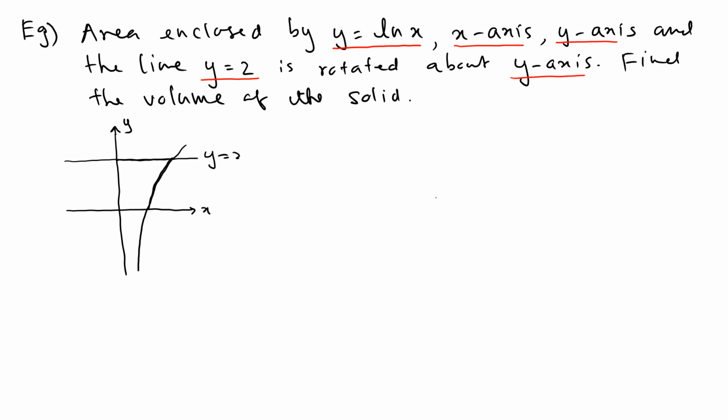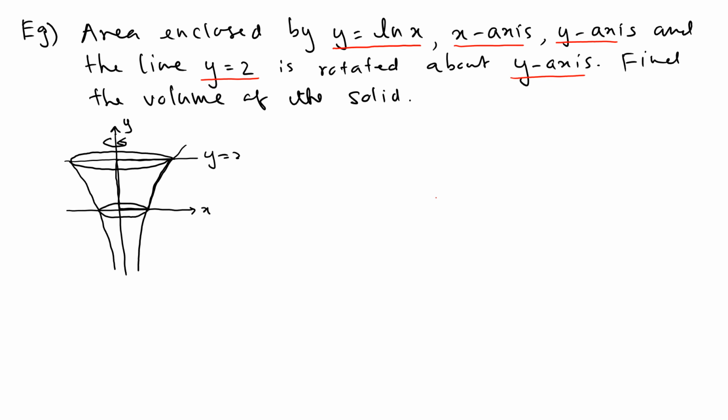They rotate this region about the y-axis. When you do that, it's going to reflect to the other side. It's going to go like that. So then this solid looks like this, and that's the solid.